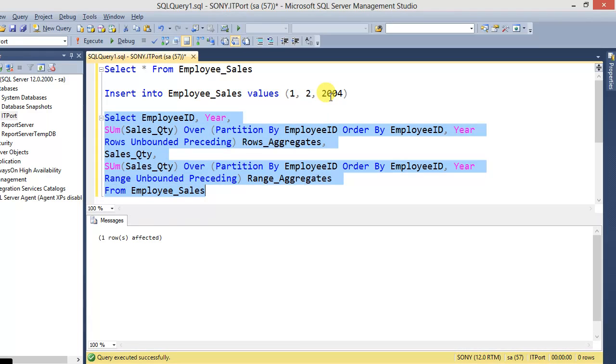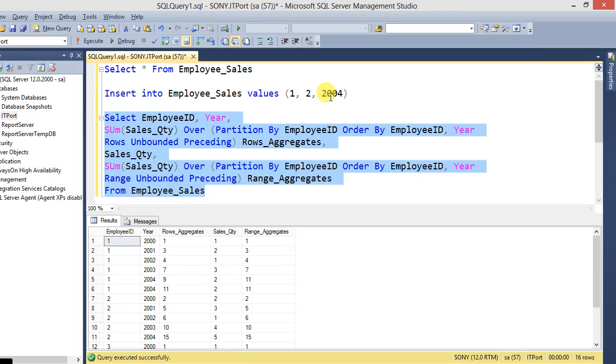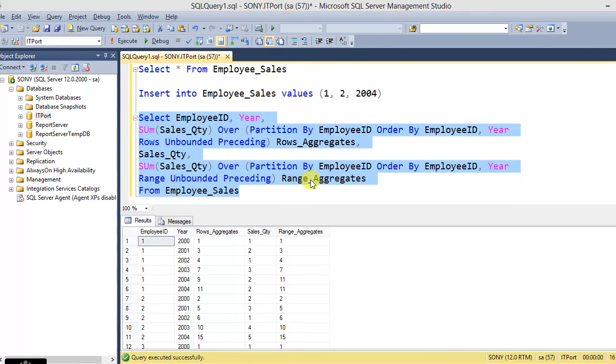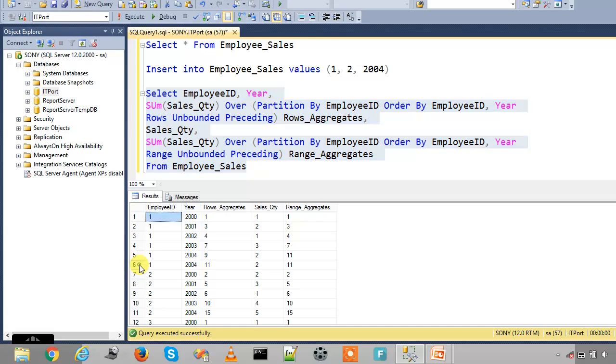See, there may be a difference between these duplicate values. See, the first one is the same and the second one is the same. So these are the same, with duplicate values between these rows.